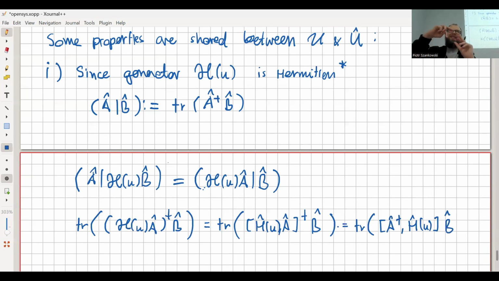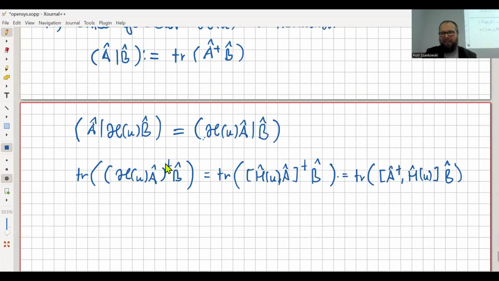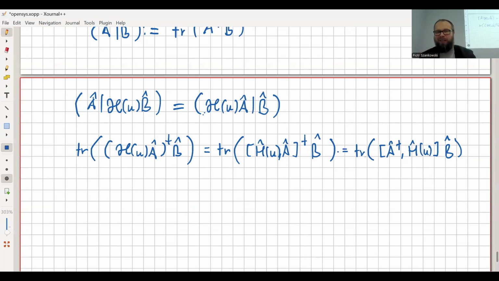Because the products will reverse order, and the Hamiltonian is a Hermitian operator, hat operator. So reversing order amounts to just flipping the arguments in the commutator. And A dagger is just some random operator, a generic operator, not necessarily Hermitian.